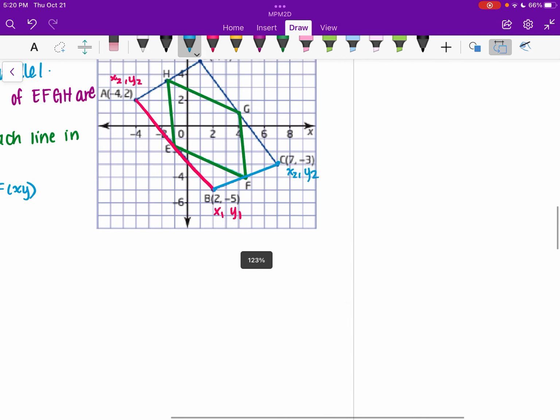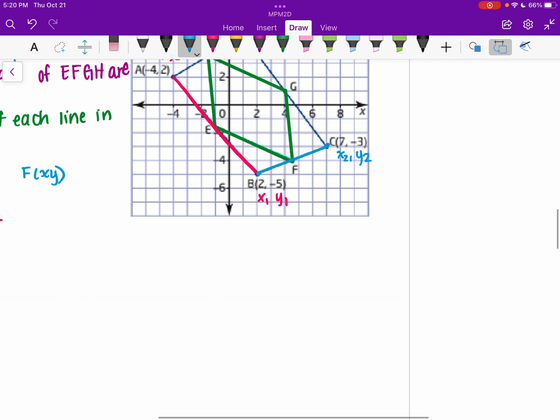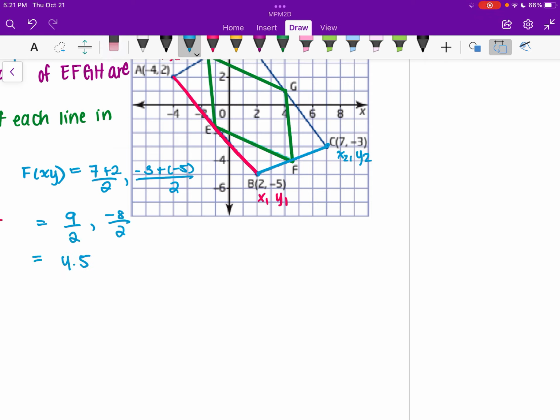Now I have 7 plus 2 divided by 2, negative 3 plus negative 5 divided by 2. 7 plus 2 is going to give me 9 divided by 2, negative 3 plus negative 5 is going to give me negative 8 divided by 2. So I'm left with 4.5, negative 4 is my F point.